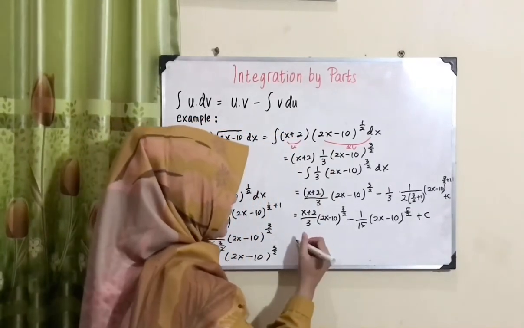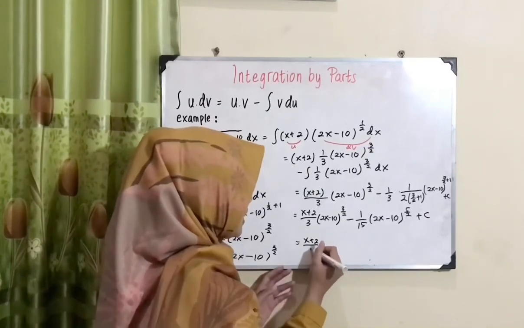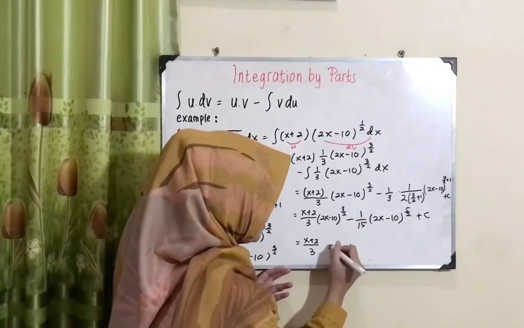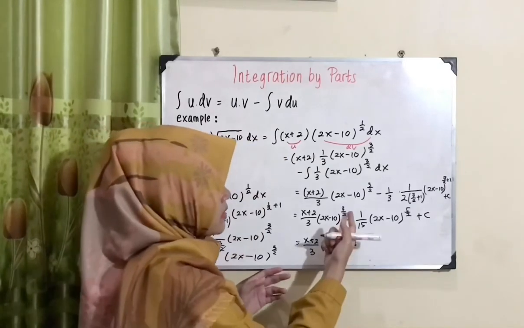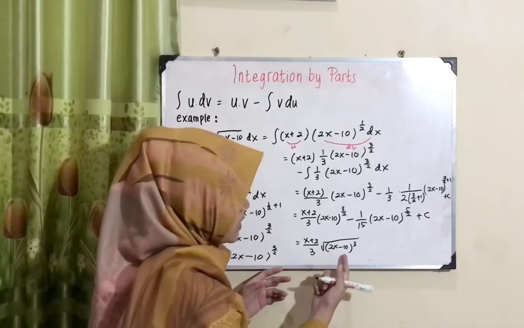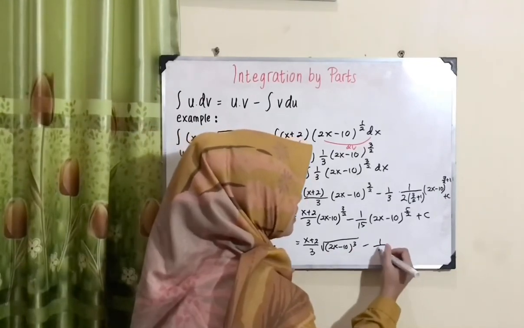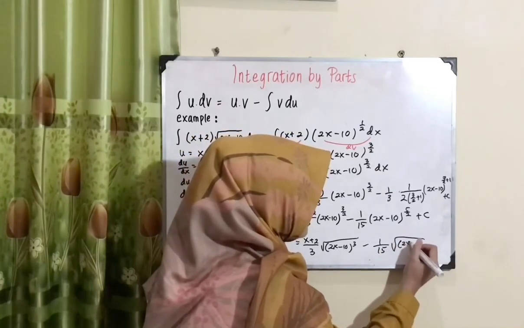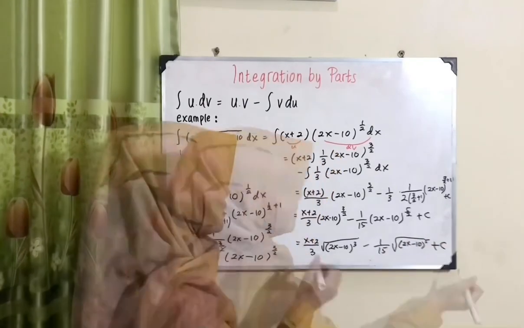Okay, we can write (x plus 2) over 3 times (2x minus 10) to the power of 3 over 2 as the square root of (2x minus 10) to the power of 3, and then minus 1 over 15 times the square root of (2x minus 10) to the power of 5 plus c.